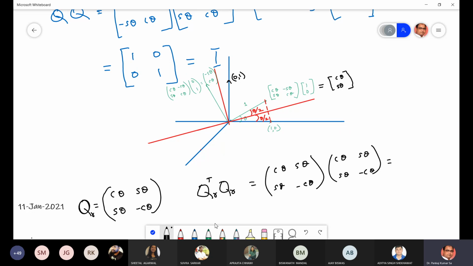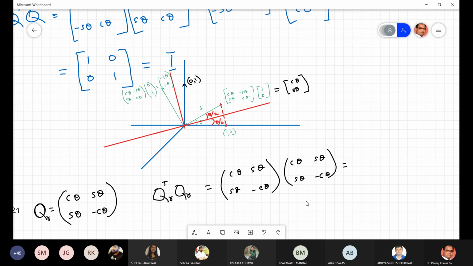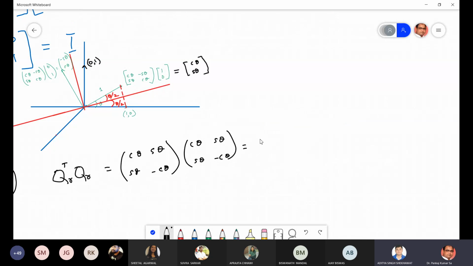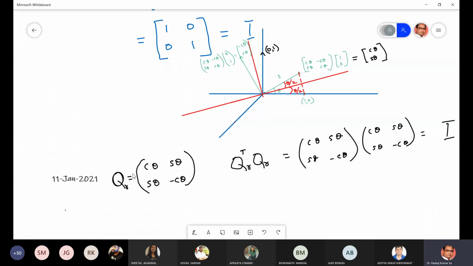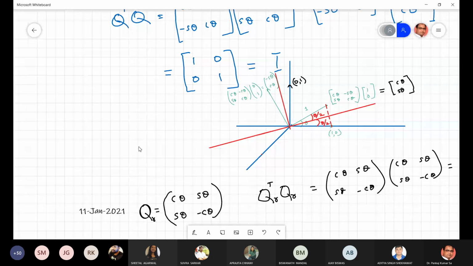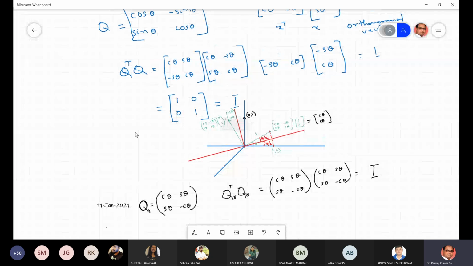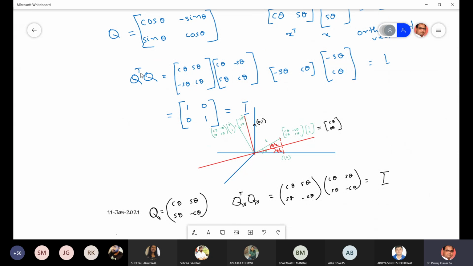Cos square theta plus sin square theta, that is still equal to I. So one thing for sure: whether I write QR or Q, both are orthogonal matrices.